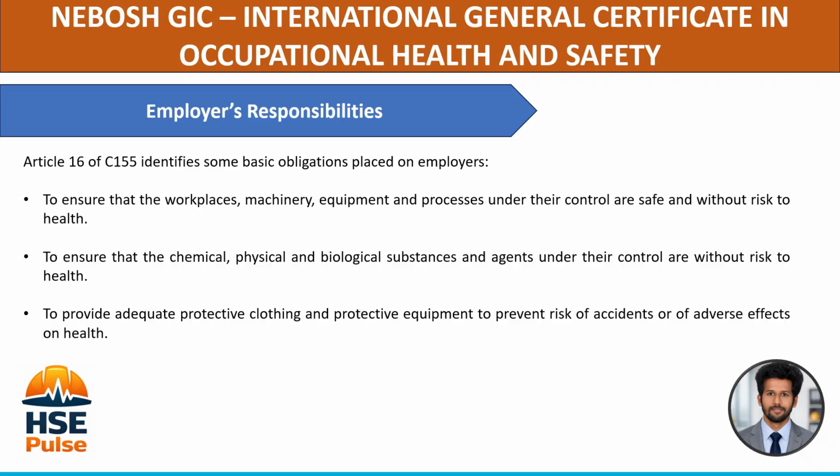Also, employers should ensure that the chemical, physical, and biological substances and agents under their control are without risk to health. To provide adequate protective clothing and protective equipment to prevent risk of accidents or of adverse effects on health, which is provision of personal protective equipment such as gloves, safety shoes, goggles, etc.